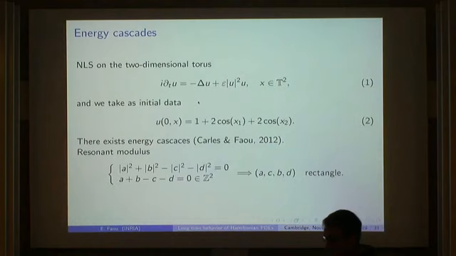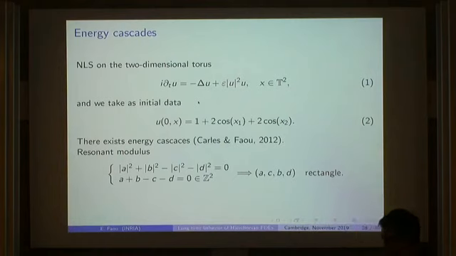And this was proved by Rennes and myself. So you do not have the preservation of the Sobolev norm; you have energy exchanges between the modes on a time scale that evolves like a cascade.